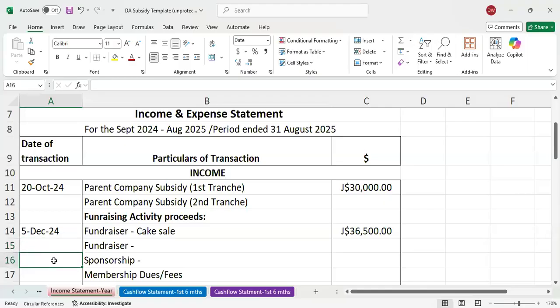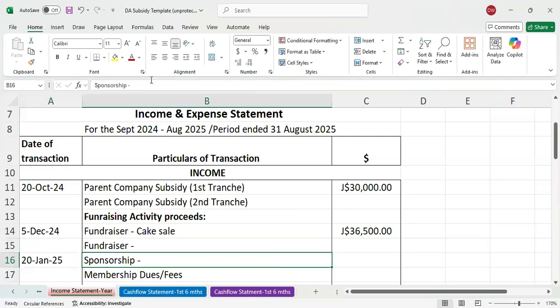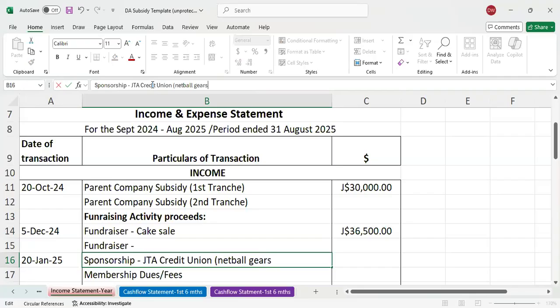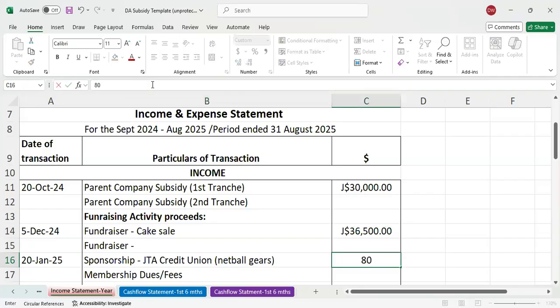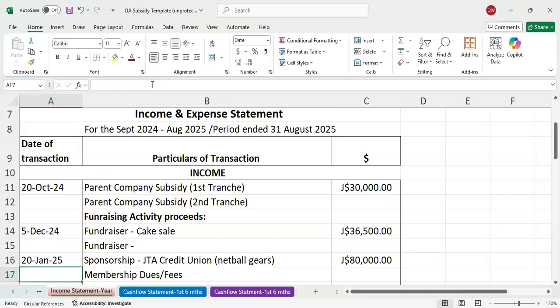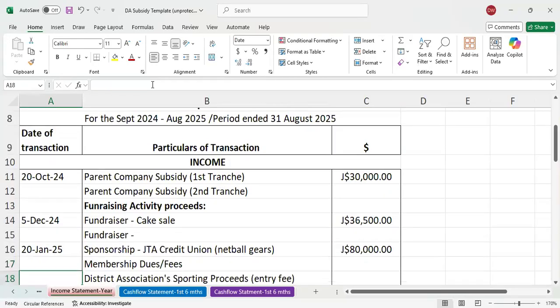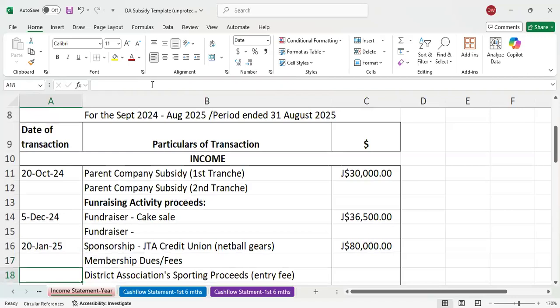Randomly, a sponsorship on the 20th of January 2025, you would have received sponsorship from JTA Credit Union, and they would have given you sponsorship for your netball gears and the total amount of $80,000. All right, you did not receive any membership dues.